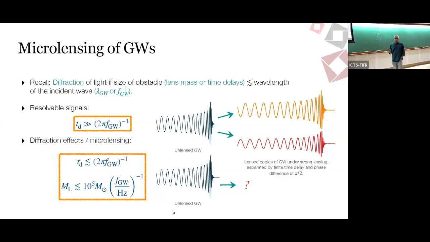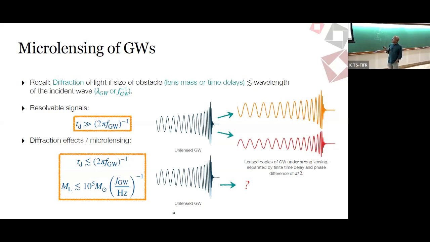Okay. Now we recall from our high school physics that if we throw light on an obstacle which has a size equal to or about the wavelength of the incident wave, then we see diffraction effects. And in case of gravity, a similar thing happens.